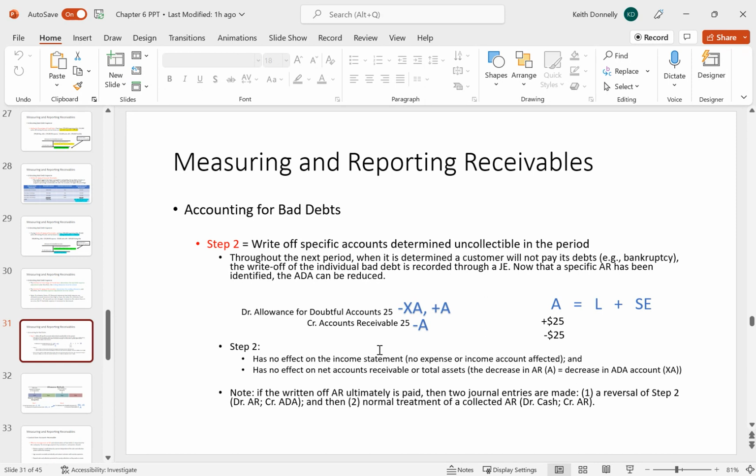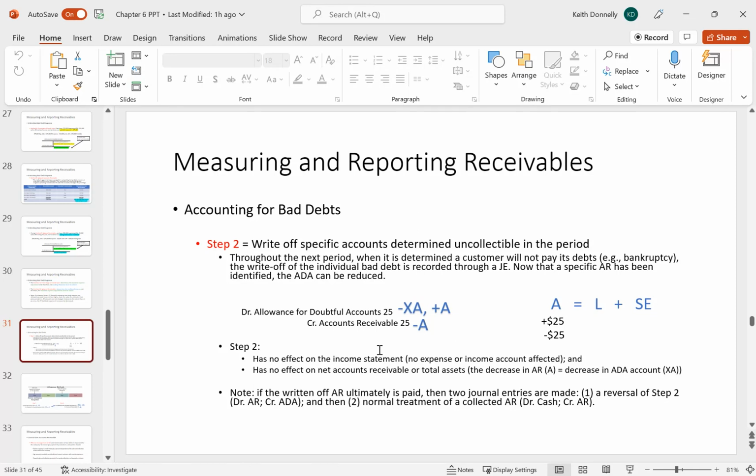Okay, we just did step 1. Now, how do we deal with step 2? Time has passed. We now know that a customer is not going to pay us. Maybe it's next period, the year after, but at a certain point it will be conveyed to us. We can be reasonably certain that we're not going to collect an account.